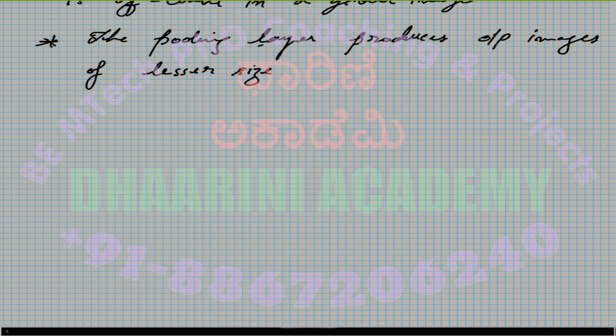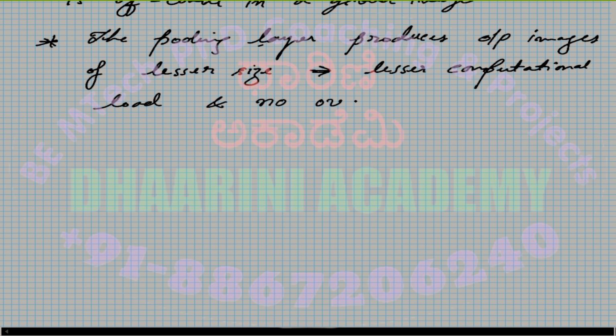The pooling layer produces output images of lesser size. This implies lesser computational load, obviously, and no overfitting.